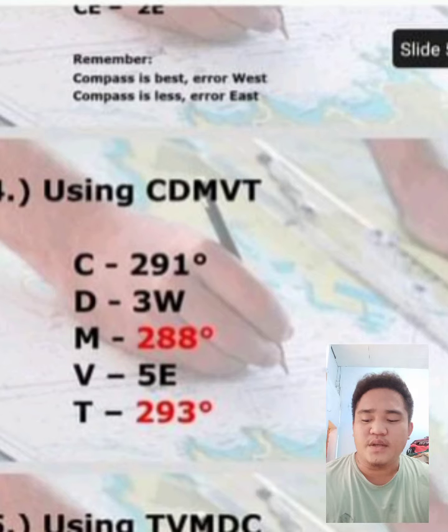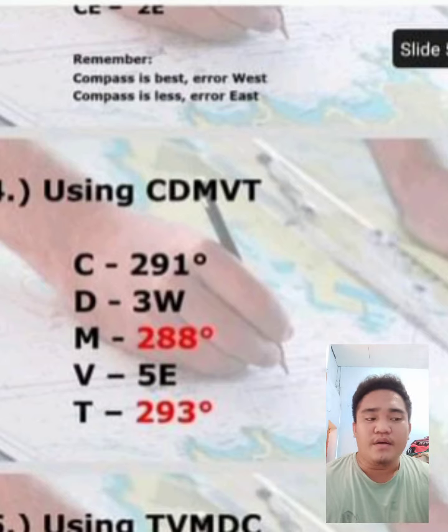So we just need to subtract it to get the magnetic. So the magnetic is 288 degrees, and after that the variation is 5 south. We just need to add the magnetic and the variation to get the true course. So the true course is 293 degrees.